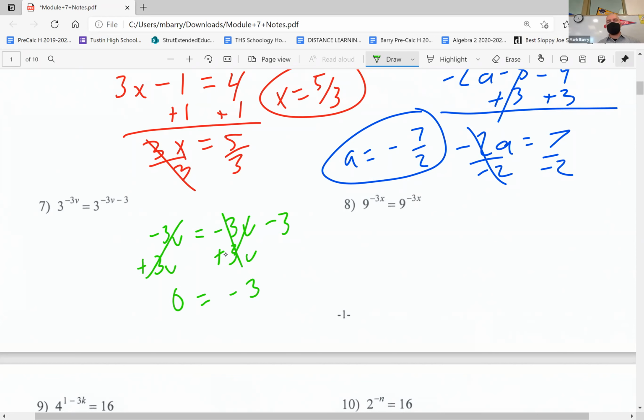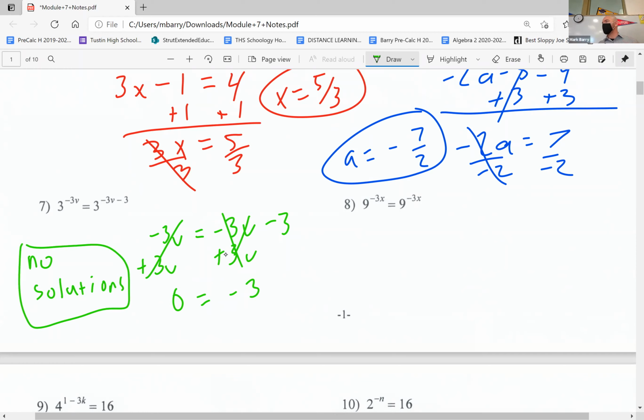It says 0 equals -3. Thinking back to our last unit, does anybody have an idea? Anybody have a guess as to what I'm going to write down here for this one? What was it? No solution is correct. We said that last unit when we did those systems of equations.